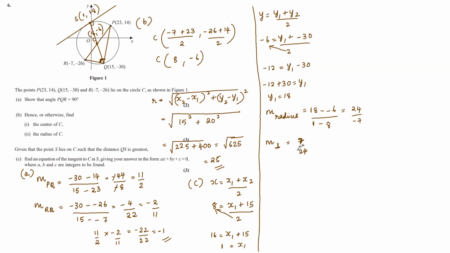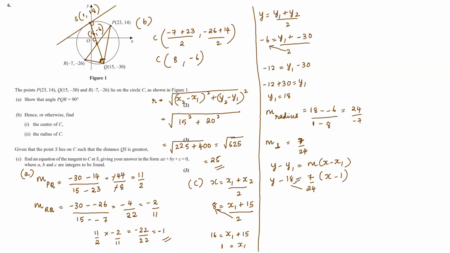If we have the gradient and the point on the line, we can use the equation of a line: y minus y1 is equal to m into x minus x1. y minus y1, that is 18, is equal to m, which is 7 over 24, into x minus x1, which is 1.